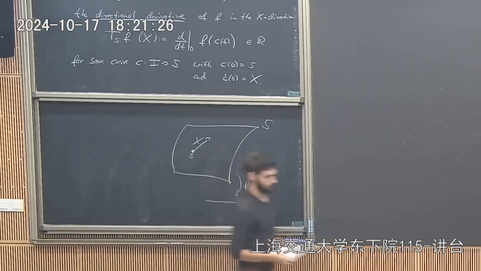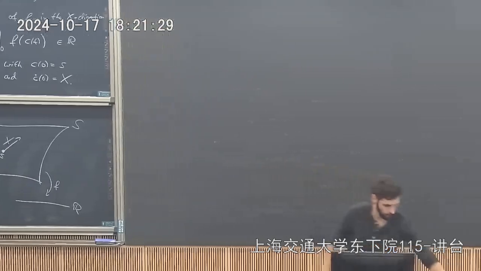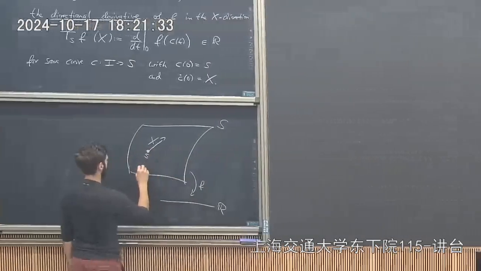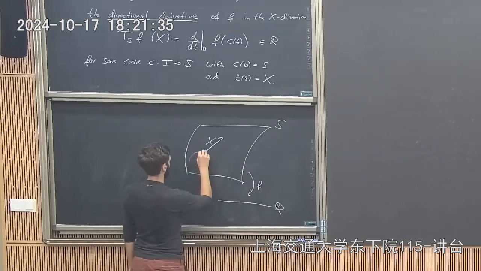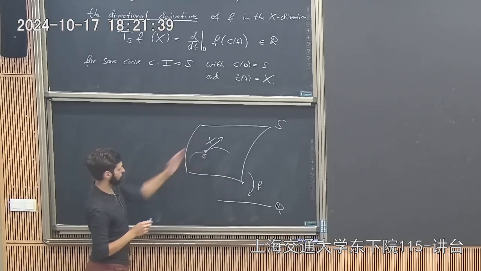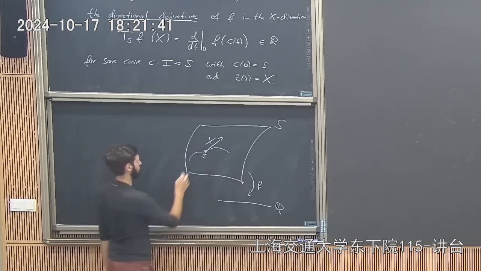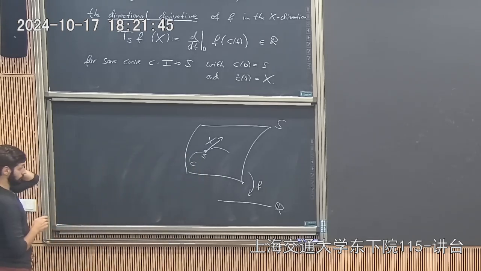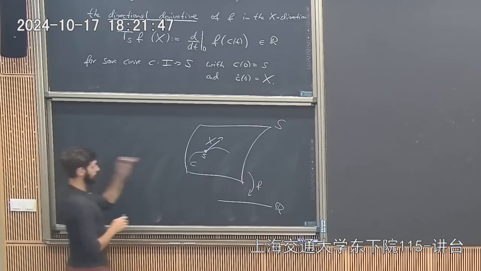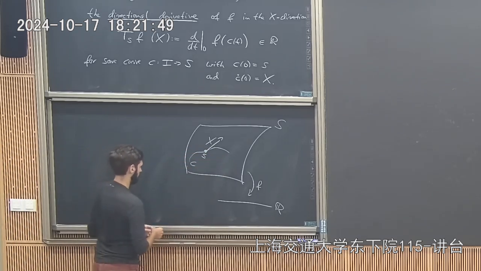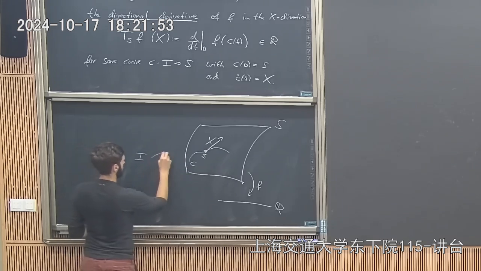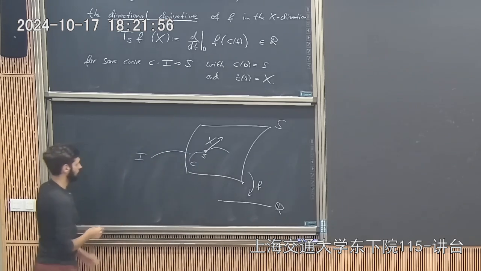And what we do is we choose a curve, some curve, that goes in S. And at that point, it looks very similar to x. So the tangent vector of that curve is a tangent in the same direction as x. So we choose a curve, and then we get a map from the interval into S.